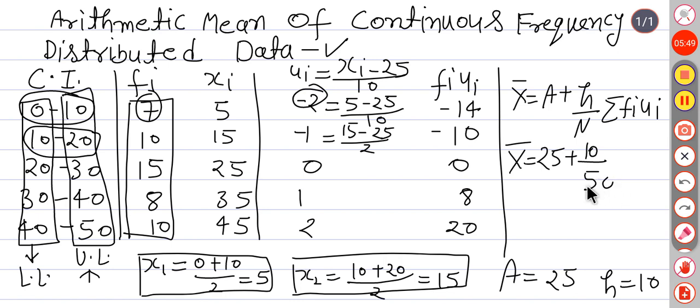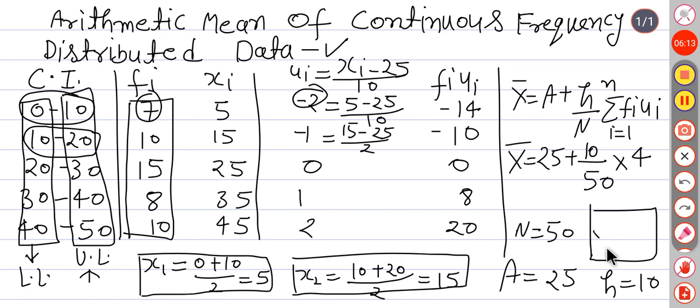The summation over fi ui from i equal to 1 to n will come 4. So you have to multiply it by 4. Now if you calculate, the mean would be 25.8.